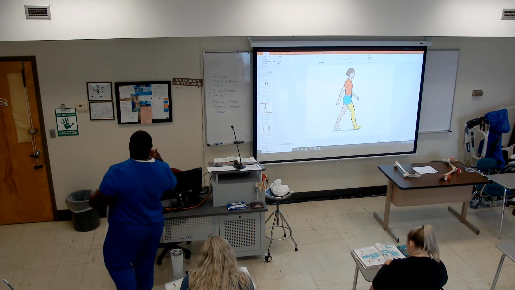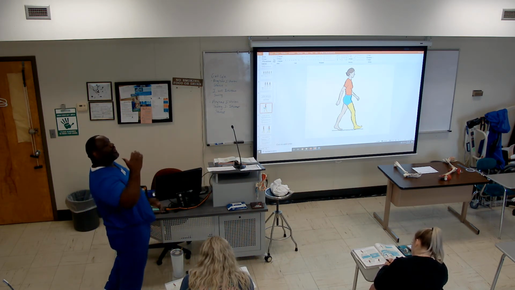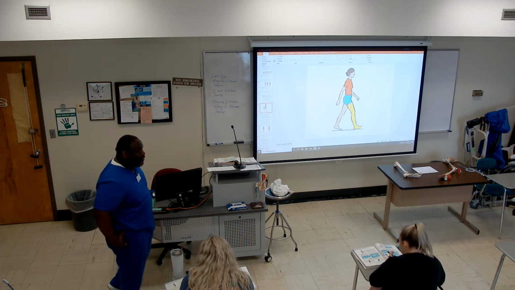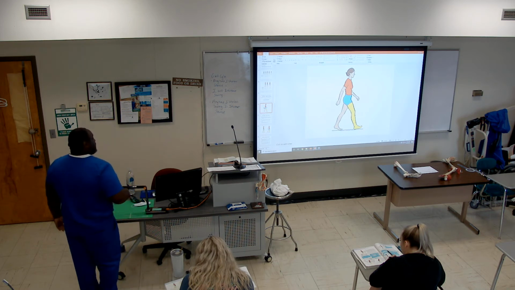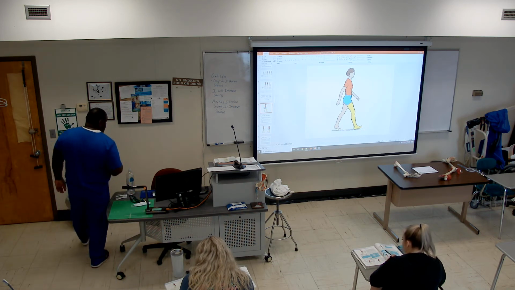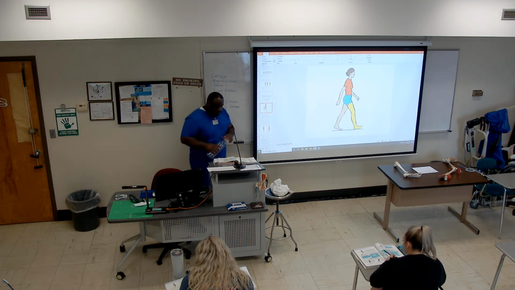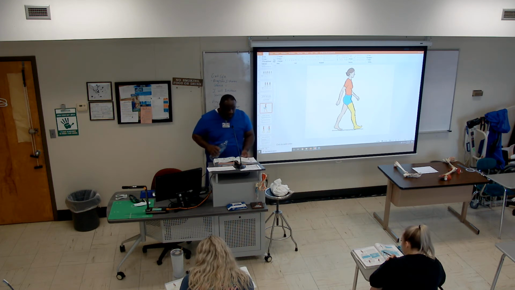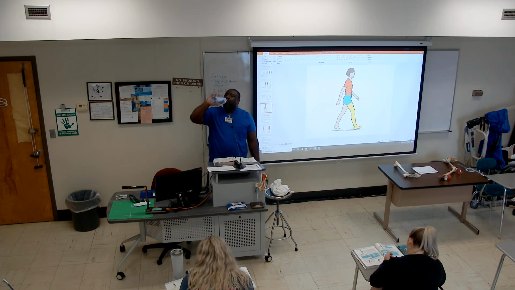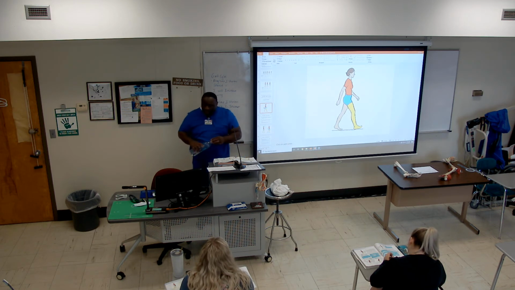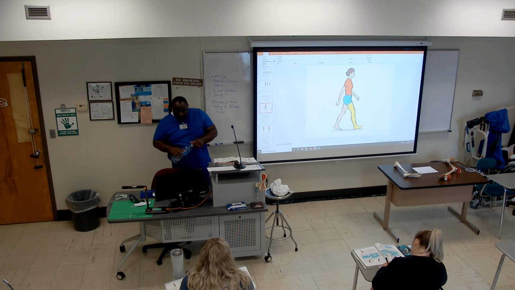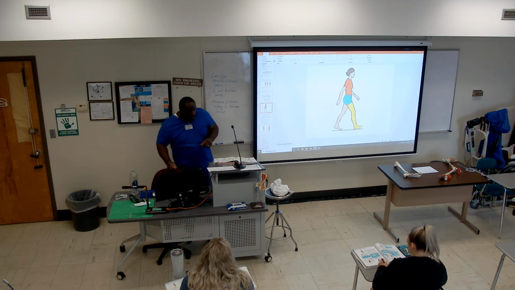So I'm going to throw myself into trunk extension to help compensate for weak glute max, hip extensors. Make sense? It's called gluteus maximus lurch. I'll try to pull some videos so you can see these.